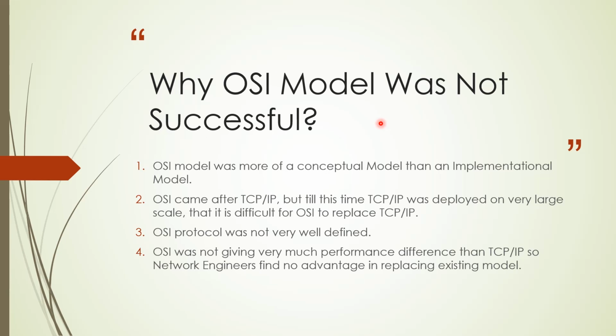And the third difference, according to the business view, is that the OSI model did not show much performance difference compared to the TCP/IP model. So there would be no profit, no advantage in implementing a new model for the sake of very little performance difference. Alright, so this was the difference between the OSI model and the TCP/IP model. That's why the OSI model was not successful.